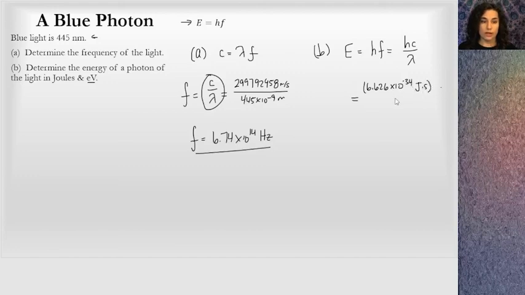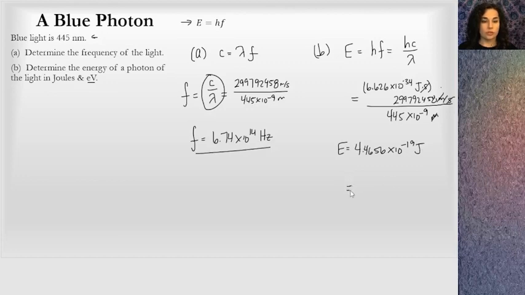I'm going to multiply that by c, 299,792,458 meters per second, and I'm going to divide by the wavelength, 445 times 10 to the negative 9th meters. So we can see when that cancels through, we're going to be left with joules, and the energy in joules is 4.4656 times 10 to the negative 19th joules.